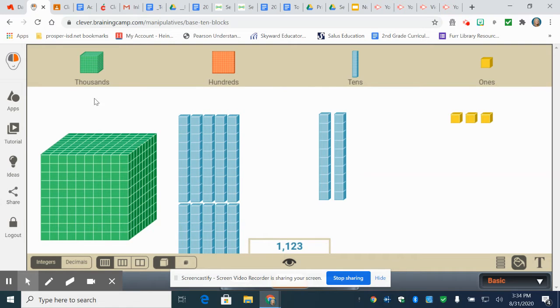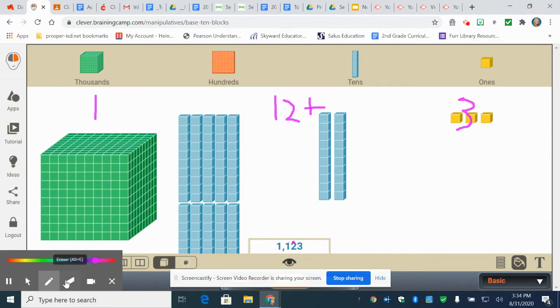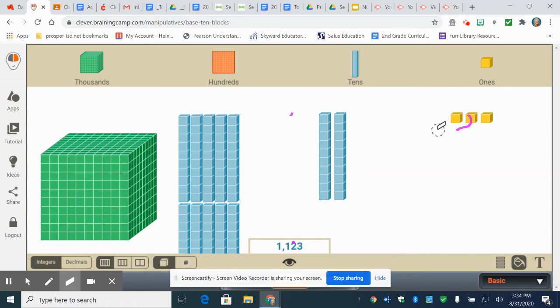So now I have 1,000. I have 10, 11, 12 tens, and I have 3 ones. So 1,000, 12 tens, and 3 ones. That still makes 1,123, even though I'm decomposing it in a different way. It looks differently.